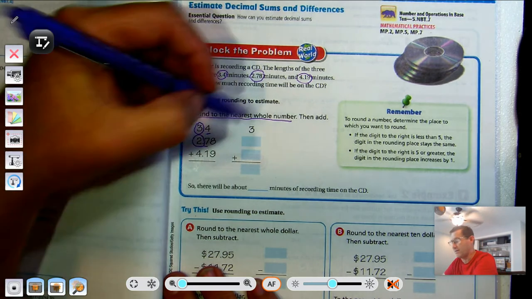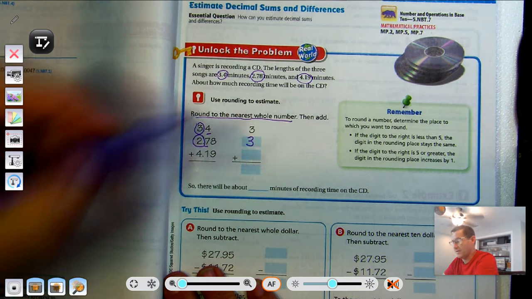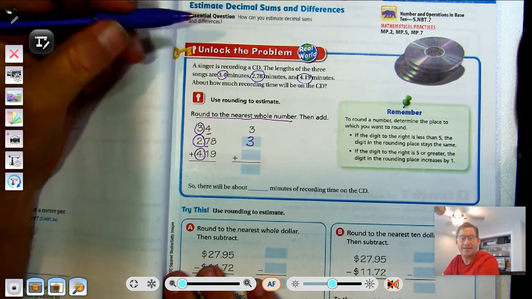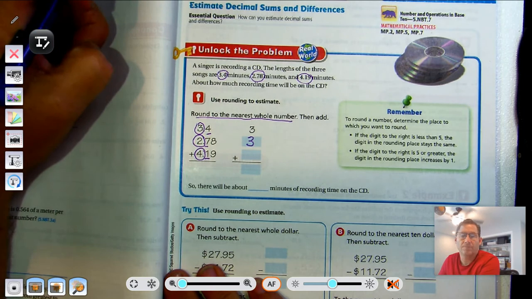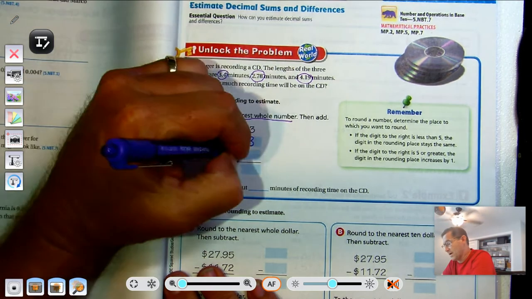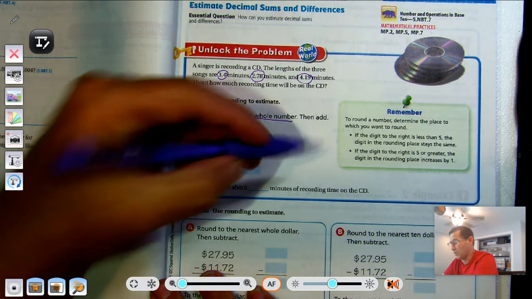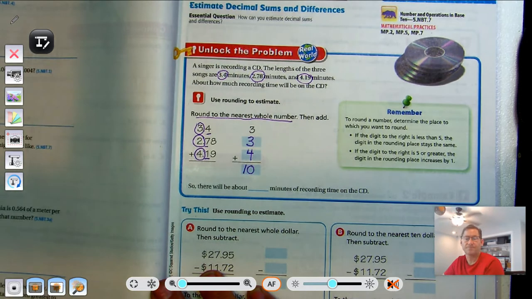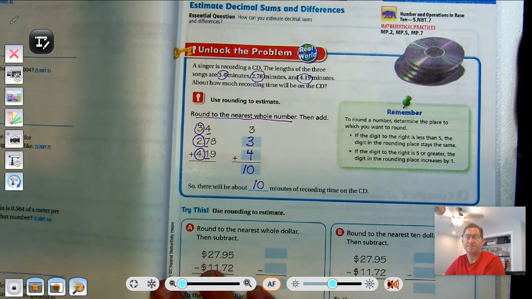It's 5 or greater, so we'll round up to 3. 4 and 19 hundredths, circle the 4, underline the digit to the right, it's less than 5, so round down. Now just add. 3 and 3 is 6. 6 plus 4 is 10. So there will be about 10 minutes of recording time on the CD.